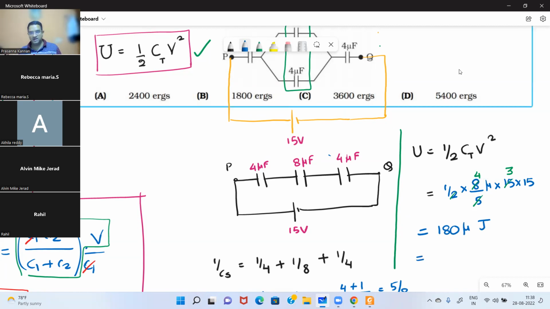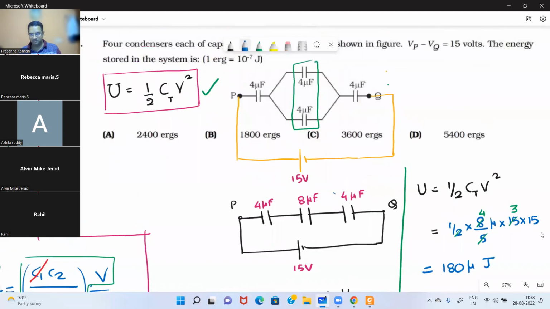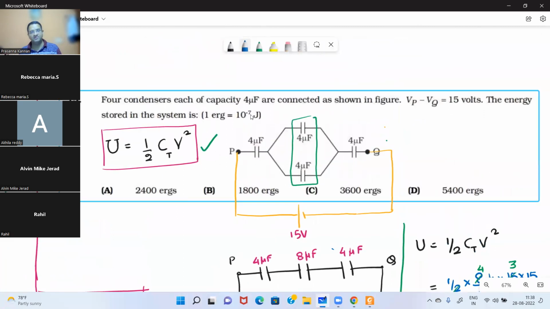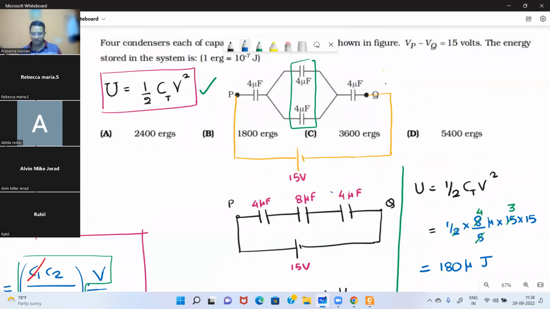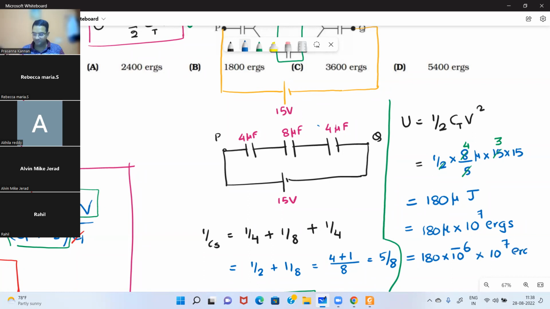Now the answer is expected in ergs. What is the relationship between ergs and joules? 1 erg is equal to 10 power minus 7 joules. Or in other words, 10 power 7 erg is equal to 1 joule. So this is 180 into 10 power minus 6 multiplied by 10 power 7 ergs. 10 power minus 6 into 10 power 7 is 10.